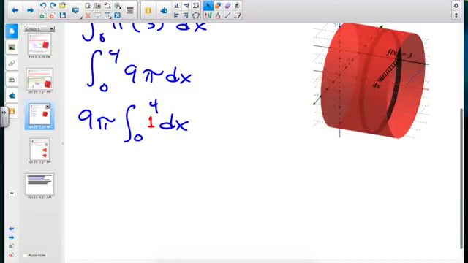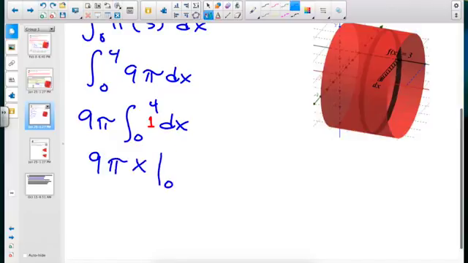X, right? This is when you're integrating dx, it's like 1x to the 0 power. If you have a 0 power, you bump it up, you end up with a new power of 1 divided by 1. So you end up with 9 pi x from 0 to 4.